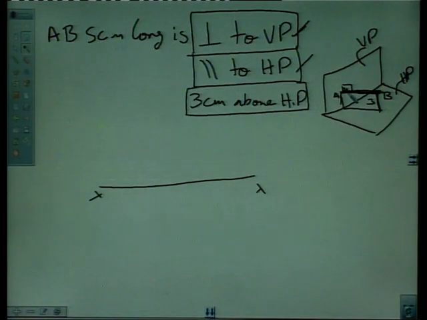So its projection on plan will be something like this. So we will draw a line from here and draw a line like this, right? Say this is point A of the line, the starting point, and this is the ending point of the line, point B, and the line is 5 centimeter long.